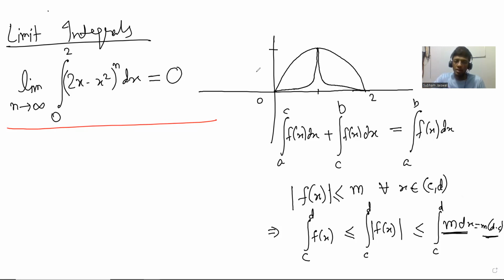But how will I be using this? Well, the way to do it is like this. If you want to show that this is this, right? So what does this mean? This means that what I will show is that the limit is zero. Limit is zero means what?